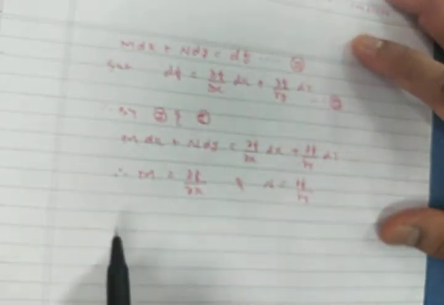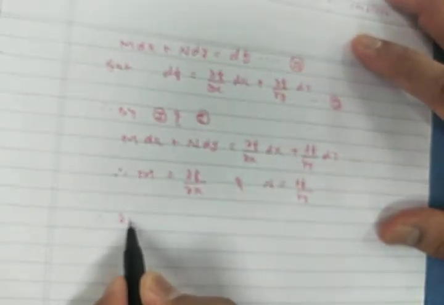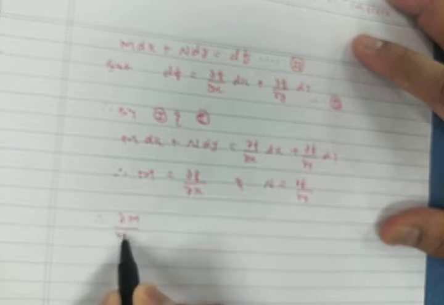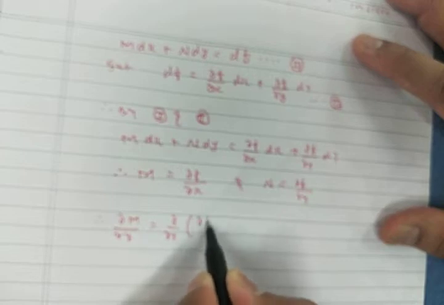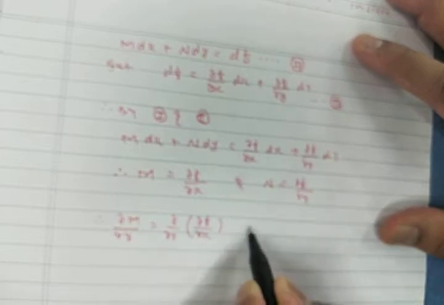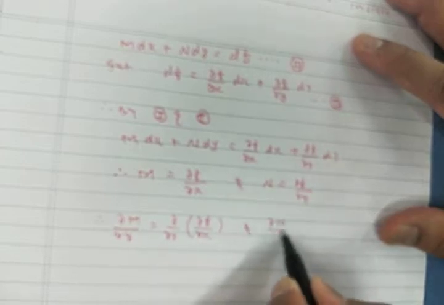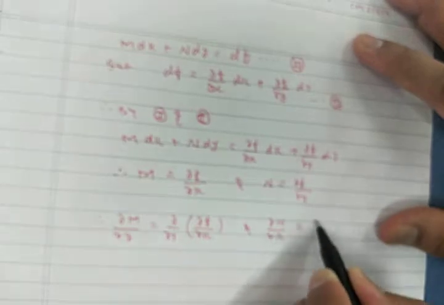By comparing coefficients we get it. So we have to differentiate with respect to y partially. So del by del y of del f by del x. Differentiate partially with respect to x.